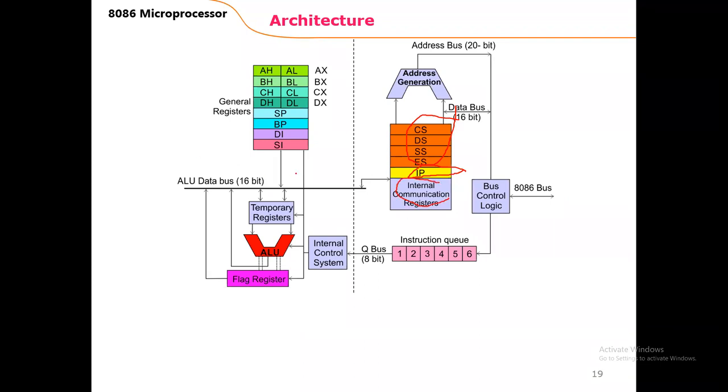Sir, what is the work of this section, the internal communication register? Internal communication register means all internal; it is one kind of register, used for internal communication, just a reserve register.